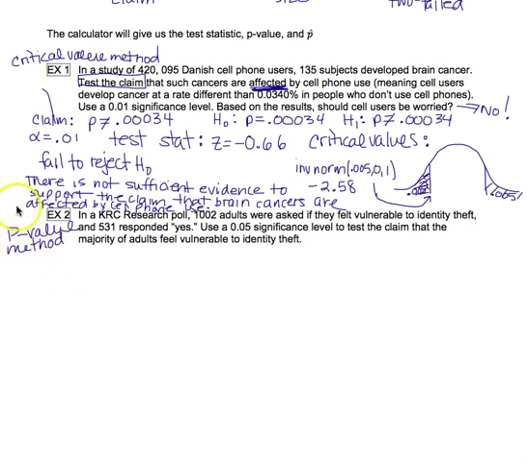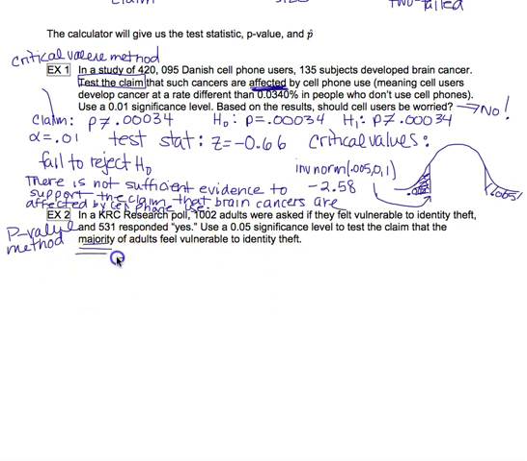So, again, I'm trying to do some of the trickier ones. There are definitely some that are more straightforward in your homework, but here they're using the claim that the majority of adults, so they're not giving us an actual number, even though they really are. If you're taking a vote, a majority means that you have more than half.